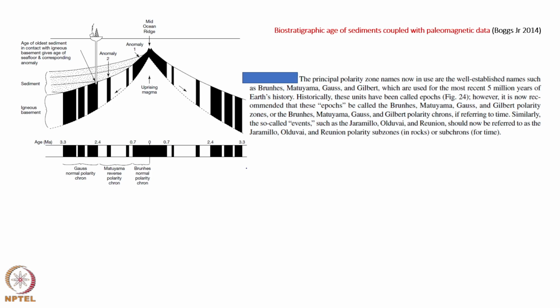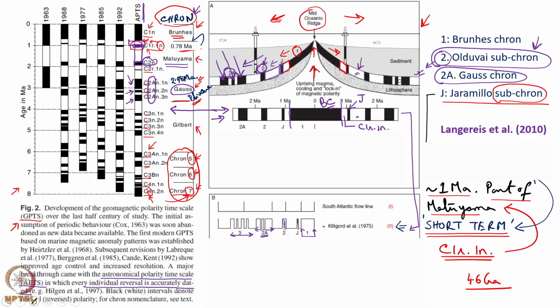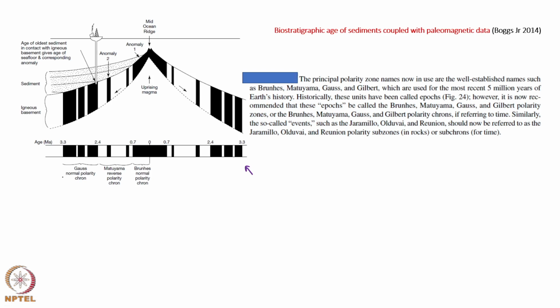Almost a similar thing is presented here, but in this diagram we were crossing 1 million years back, 2 million years back, and maybe this is 2.8 or even 3 million years back. The next figure shows clearly up to a 3.3 million year back event, from 0 to 3.3 million years, and the Brunhes normal polarity chron, the Matuyama reverse polarity chron, and the Gauss normal polarity chron are plotted.